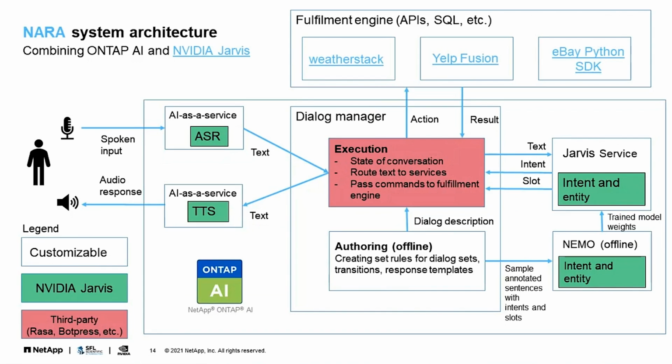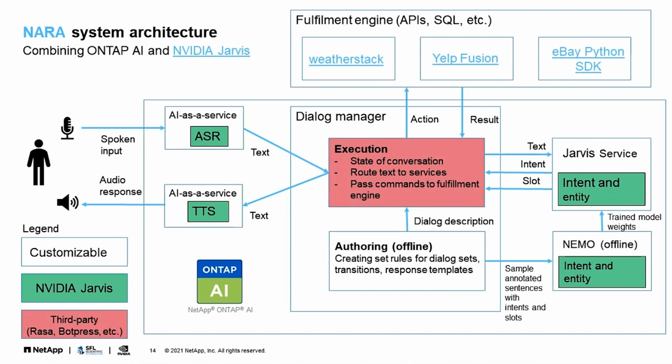Yeah, so let's look at the system architecture of NARA under the hood. First, you start with spoken input, and then Jarvis AI as a service automatic speech recognition will output text to the dialog manager. And the dialog manager remembers the state of conversation and routes text to corresponding services.